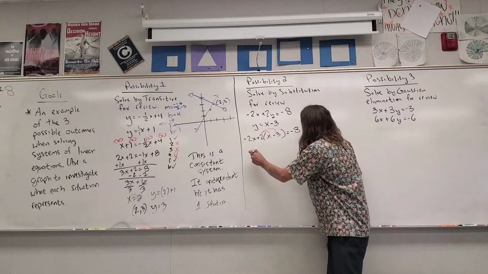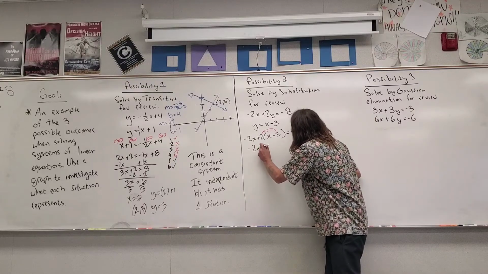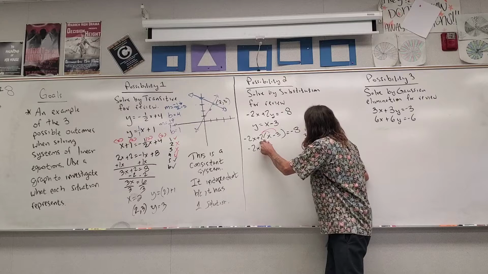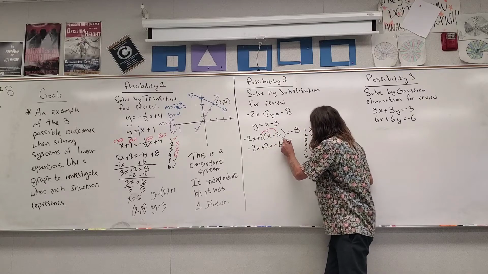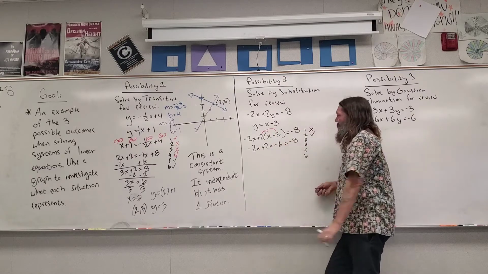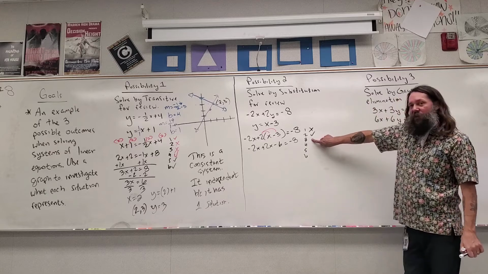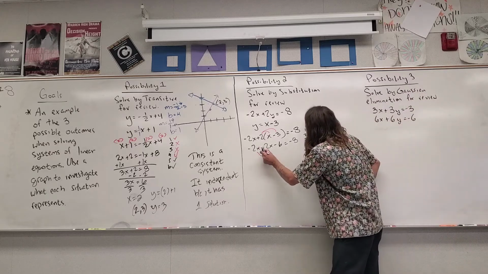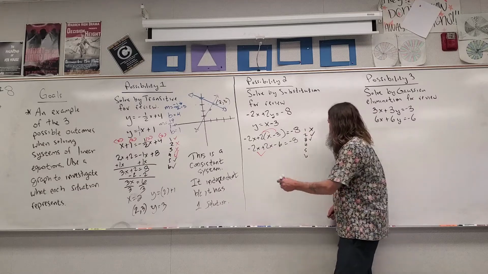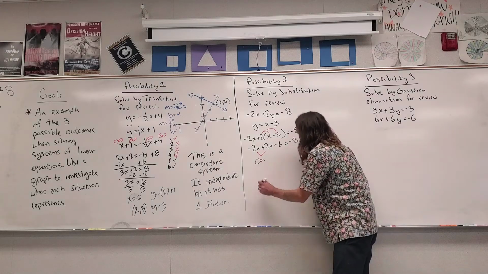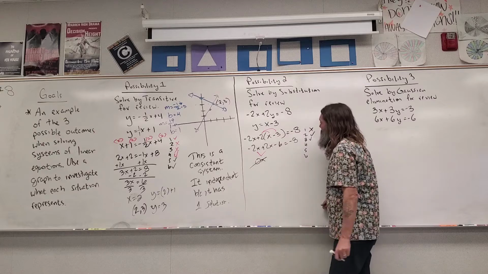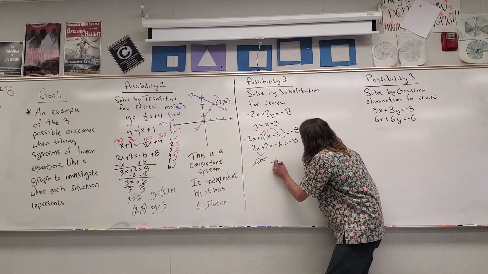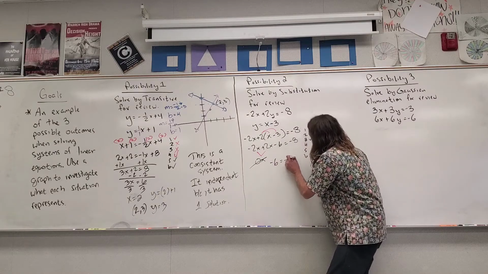I'm now left with minus 2x plus 2x. 2 times minus 3 is minus 6. That equals minus 8. Can I combine like terms on each side of the equal sign? Yes, I can. Minus 2x plus 2x, that's 0x, which cancels out. There's nothing left. And so now I'm left with minus 6 equals minus 8.